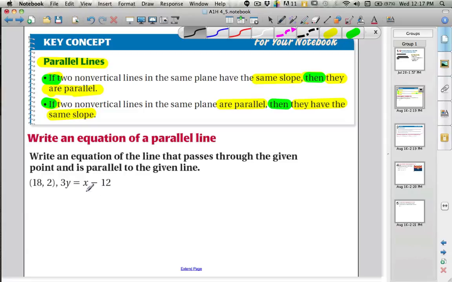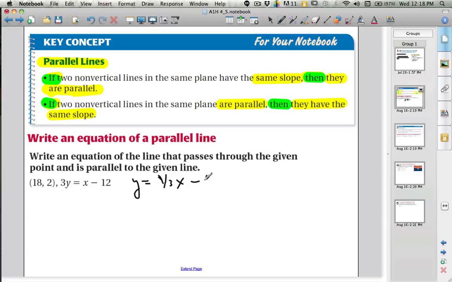I want to put it into slope-intercept form because I just want the slope. So if I divide everything by 3, y is equal to 1/3 x minus 4. I divided everything by 3, and I can see that the slope is 1/3.